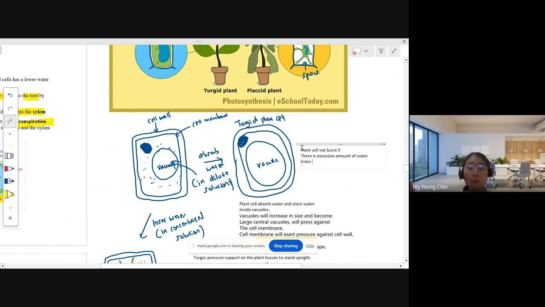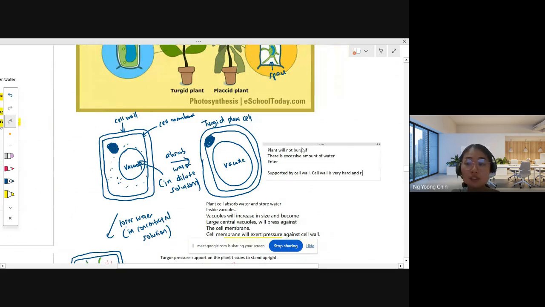Because they are supported by the very hard and rigid cell wall, so they are able to resist the turgor pressure.